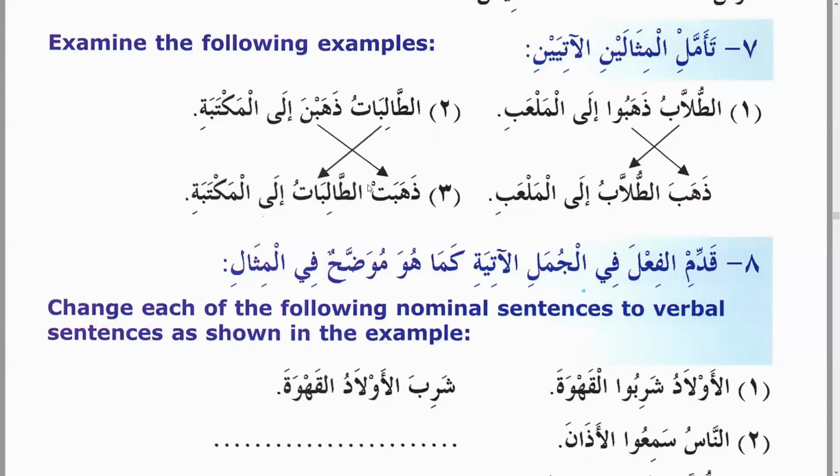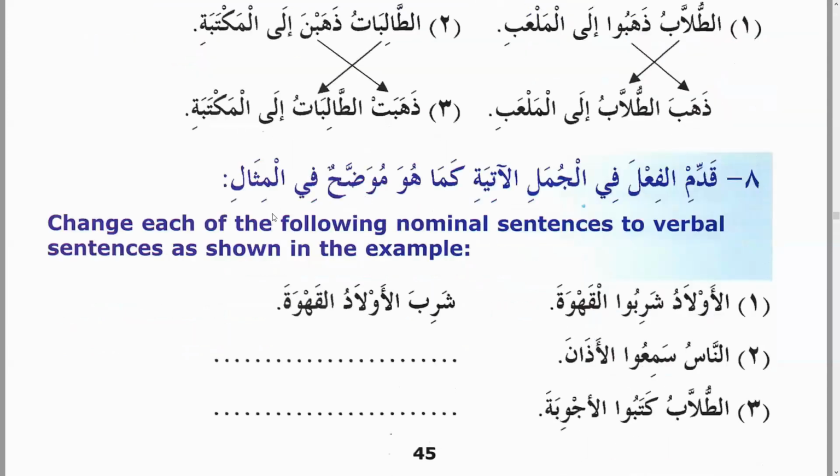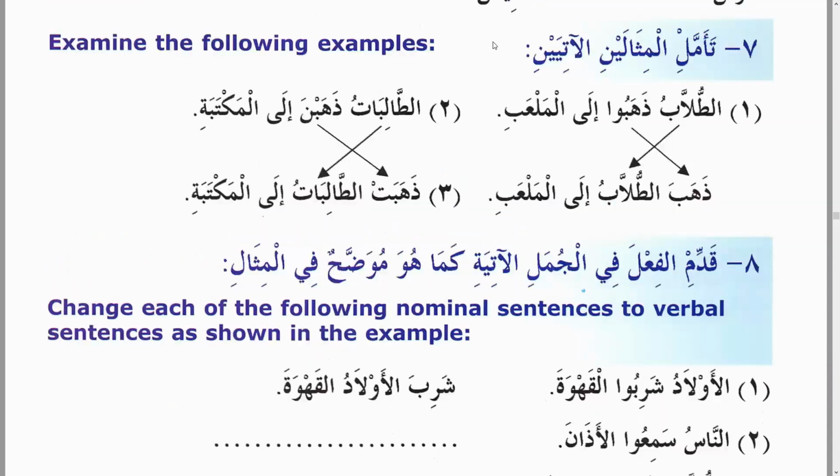So we have an exercise for this. Change each of the following nominal sentences. What we are actually doing is converting the nominal sentence into a verbal sentence, because here we are starting with a noun, so this is a nominal sentence. But when you bring the verb here, you're starting with a verb, so this became a verbal sentence.